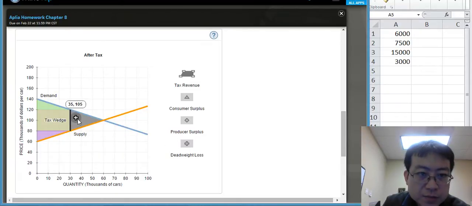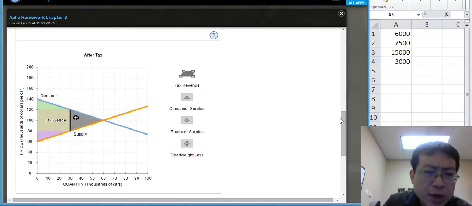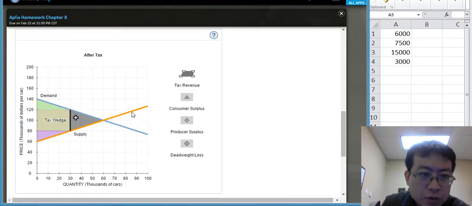Remember, deadweight loss is the inefficiency from the tax. This area used to belong to either the consumer surplus or producer surplus, but because of the tax we couldn't sell this many cars anymore, so this area is lost. We call it deadweight loss.